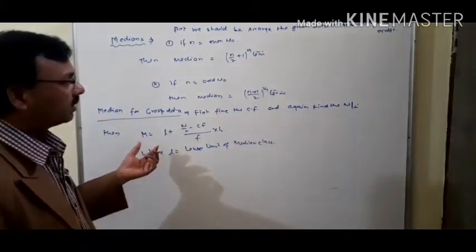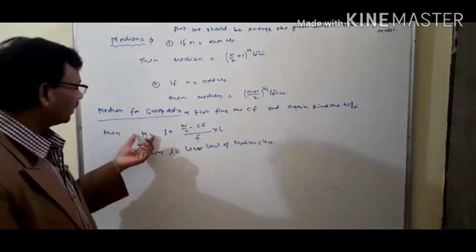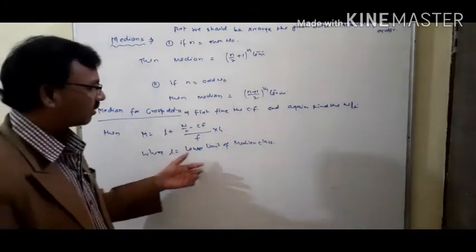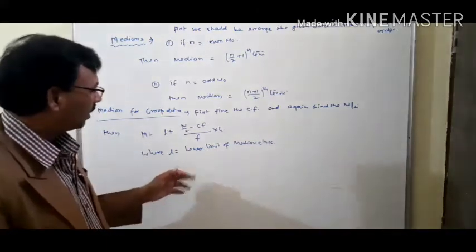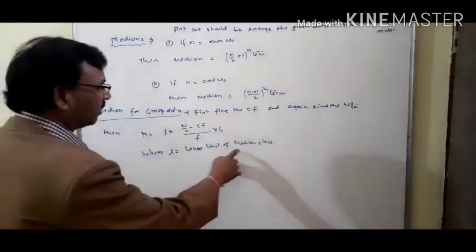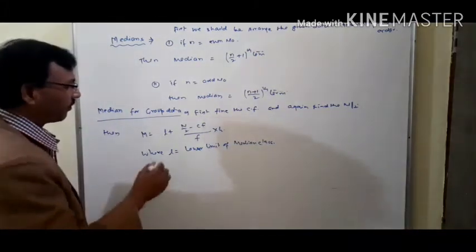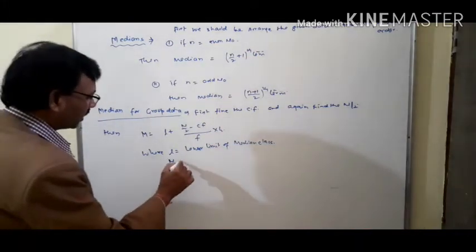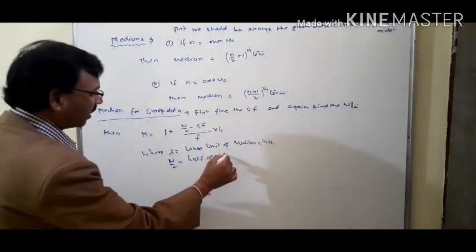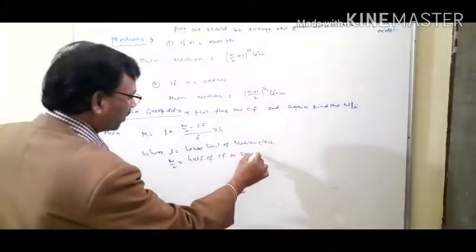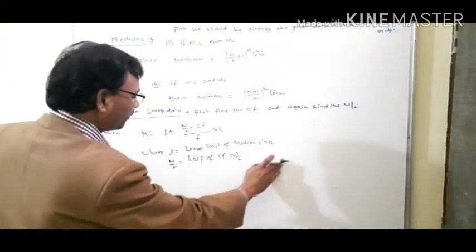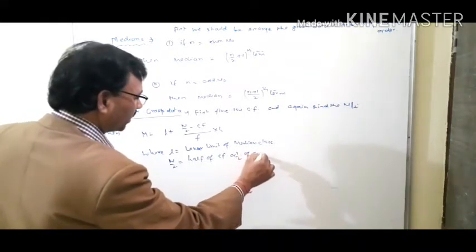The class in front of this cumulative frequency will be the median class, and the lower limit of that median class will be L. N by 2 equals half of the sum of frequency.